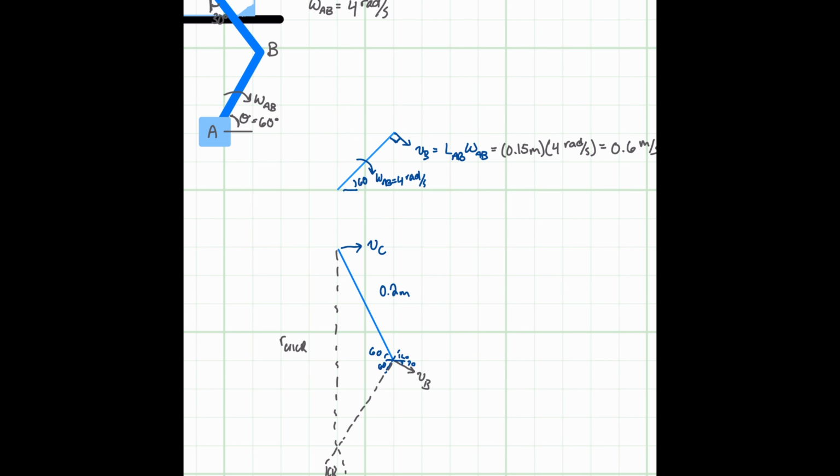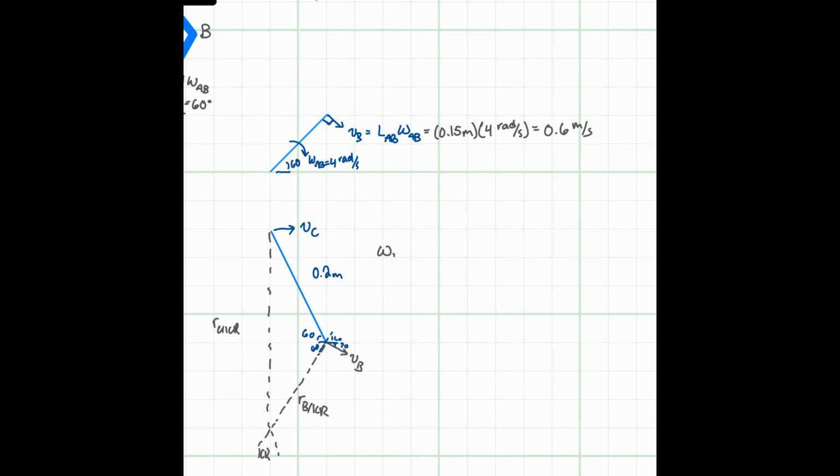To find out what we need to find, we're going to set up our equation of omega BC equals velocity at point B over RB ICR.